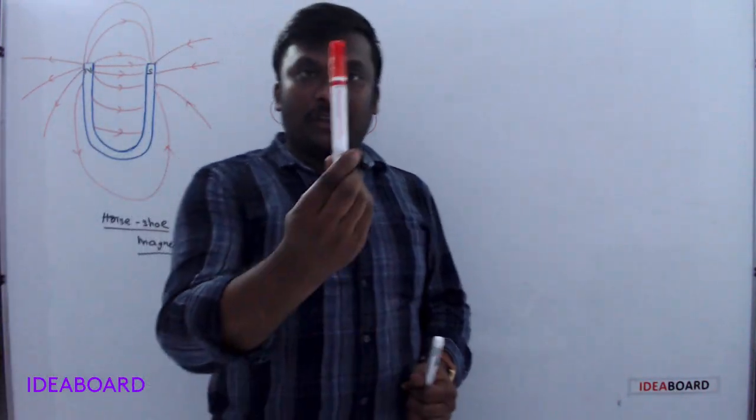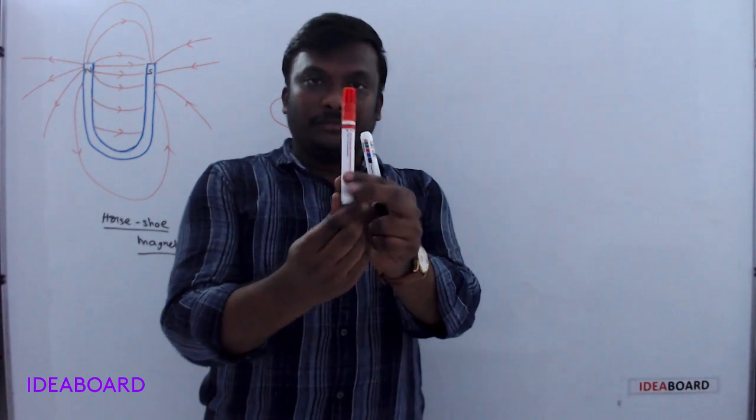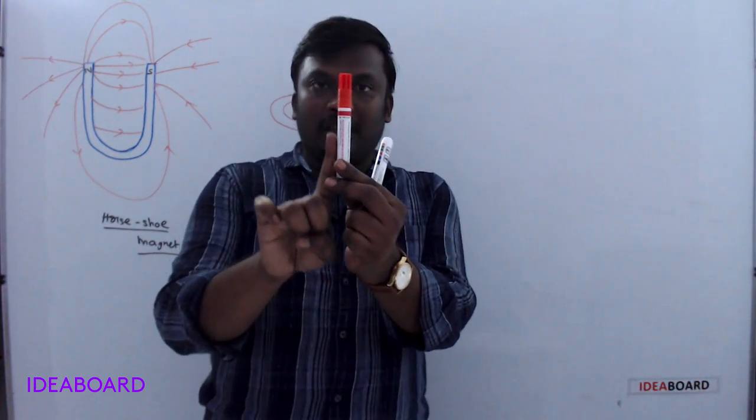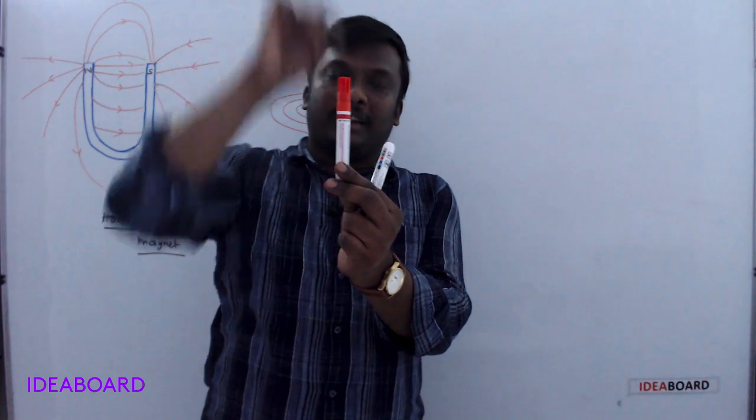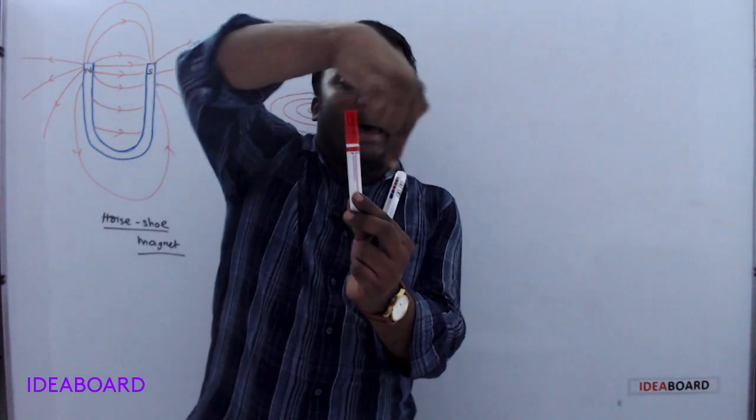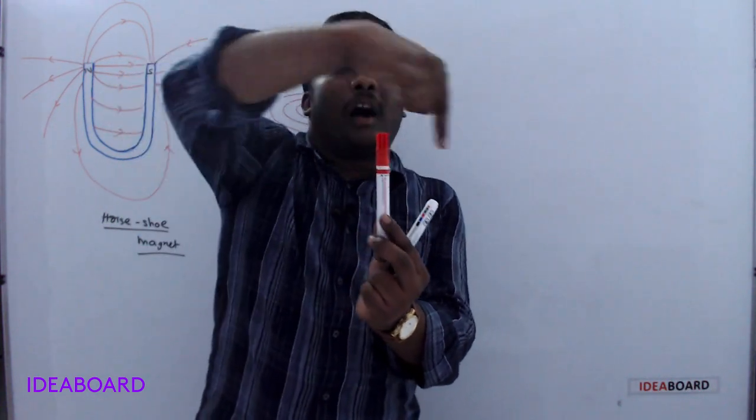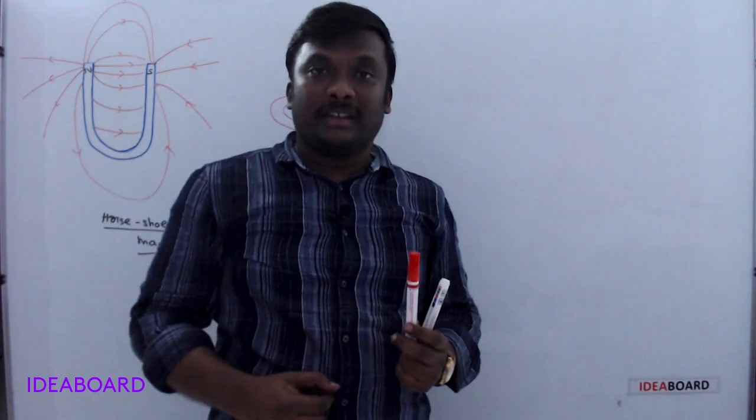Suppose you take this current carrying conductor, and the current is passing in the upward direction, then the magnetic field is always in the form of concentric circles.